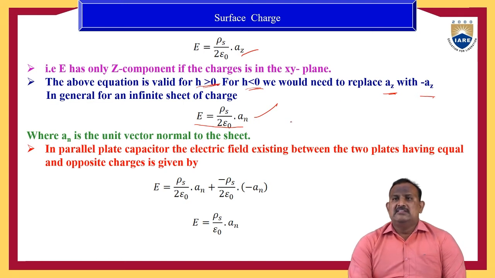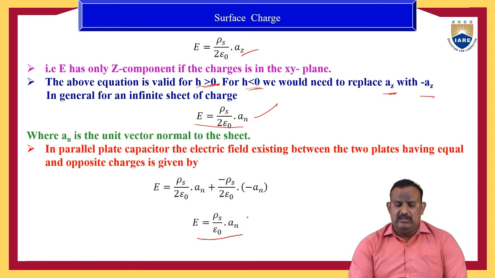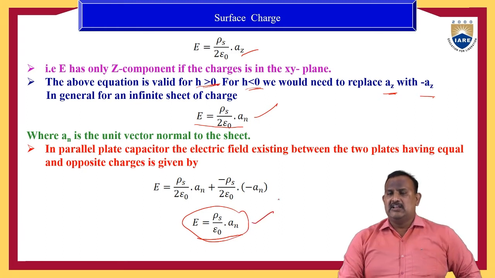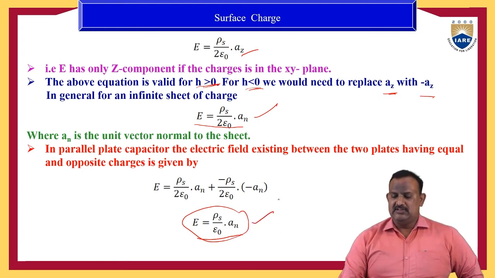Now, because of this, here we need to replace the An with minus An. Minus times minus will give the positive value. Therefore, the electric field intensity for a parallel plate capacitor E is equal to rho S by epsilon naught into An. So this is the electric field intensity for the surface charge.